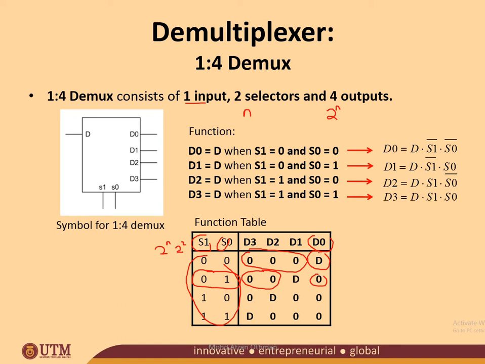So just like the 1 to 2 demux, the output value changes accordingly with the D input following the selector input combination. So you can see, right? It's very direct, similar to the 1 to 2 demux.